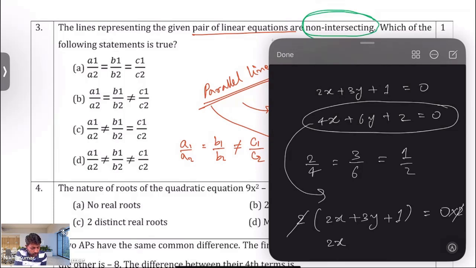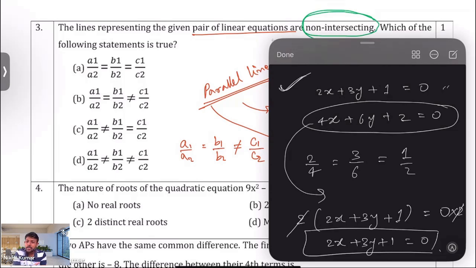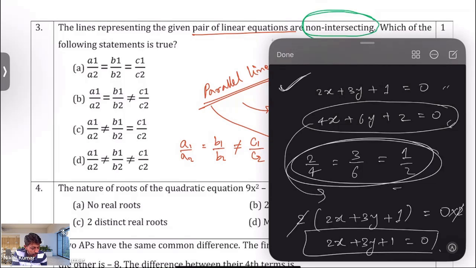This is equal to 2x plus 3y plus 1 equal to 0. See, what did we get? We got exactly the first equation. So the first and the second lines are the same lines. That means in this case we will have infinite solutions. There are infinite number of points where these two lines are coinciding. All right, so this is our answer.